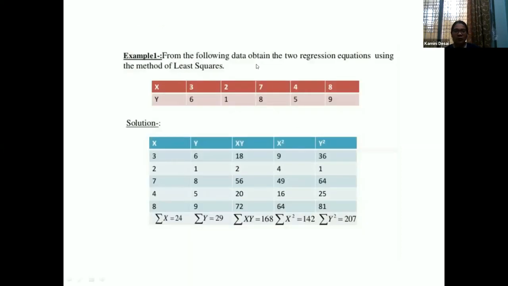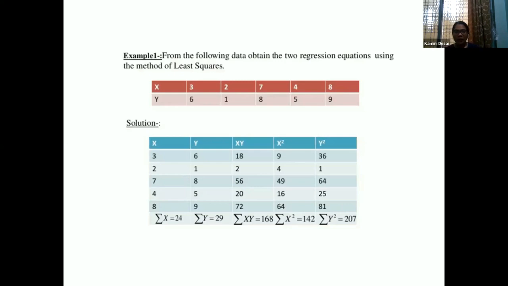So this is one example. For the following data, obtain the two regression equations using the method of least squares. Here x is 3, 2, 7, 4, and 8, and y is equal to 6, 1, 8, 5, 9. So we are going to find the regression equation using the least square method.